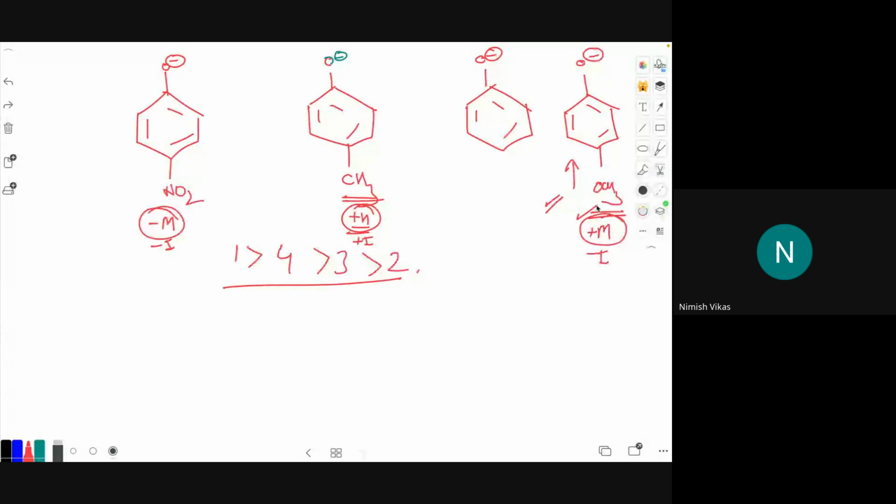Plus M. This will make it the most unstable, so fourth will come last. Then 2 is doing nothing, so we put it 3. And 1 is showing minus M, pulling the electron density away, so it becomes more stable. So the option will be 1, 3, 2, 4.